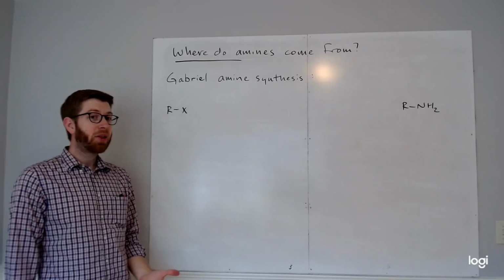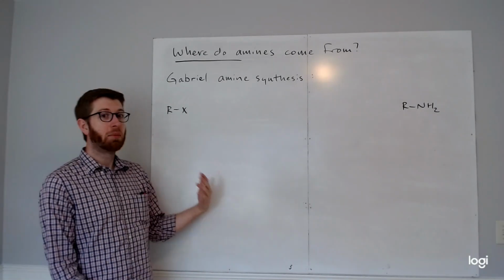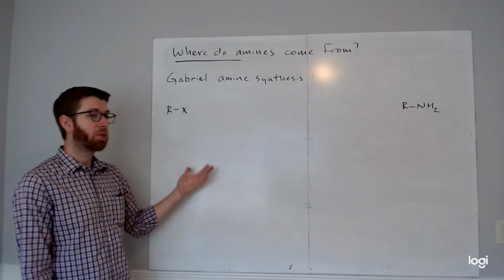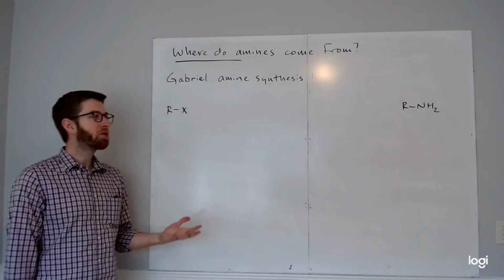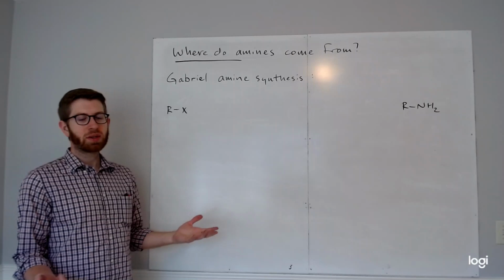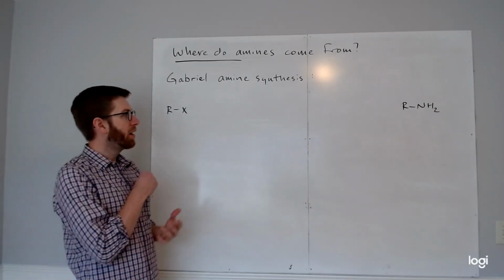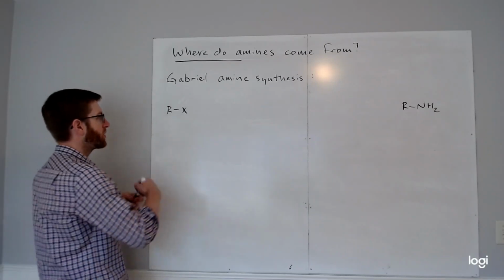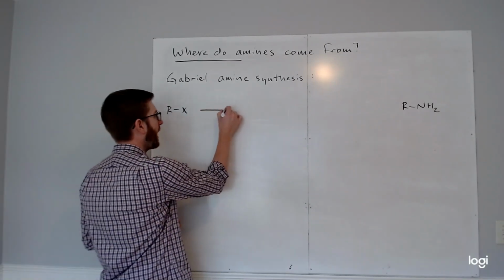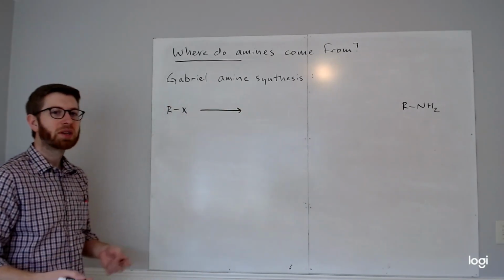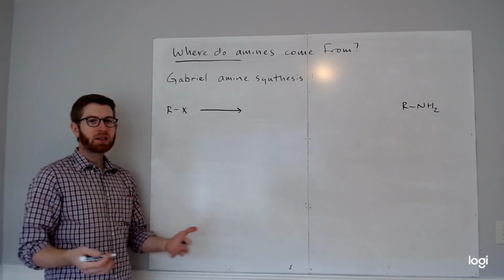So you might think, oh, well, I could just do this with ammonia, NH3, and that would work really nicely. As we saw earlier in this video, alkylations like that lead to over-alkylation. So this isn't really going to work for us. So Gabriel's insight was rather to use essentially what we're going to call protected nitrogen. So we've talked about protected groups before. They mask reactivity.